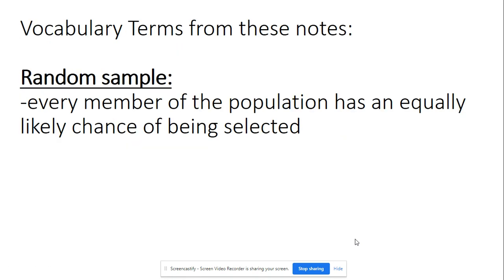All right, so this is the first thing that you're writing down after all that. Random sample in itself just means every member of the population has an equal likely chance of being selected.